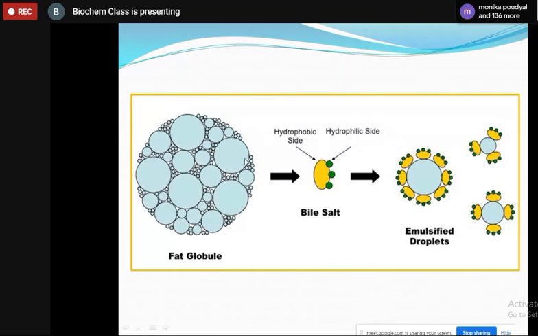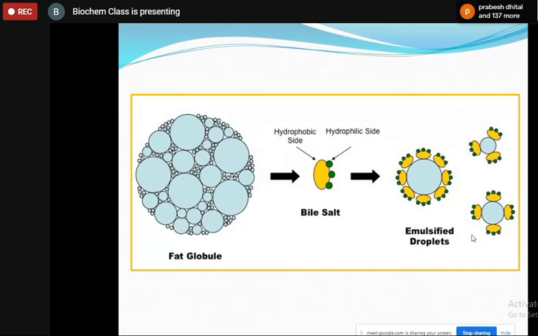So this is the fat, and this is the surface area where the lipase can act. Only this outer area. But when this is broken down into smaller numerous pieces, then the surface area increases. The enzyme can act on the surrounding of all these smaller droplets, which makes digestion efficient.